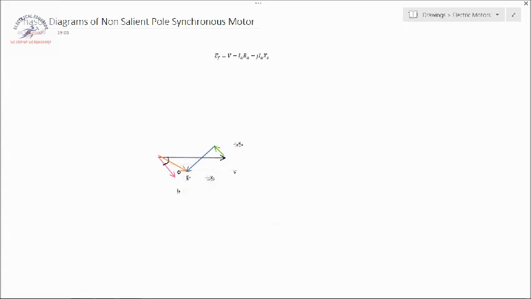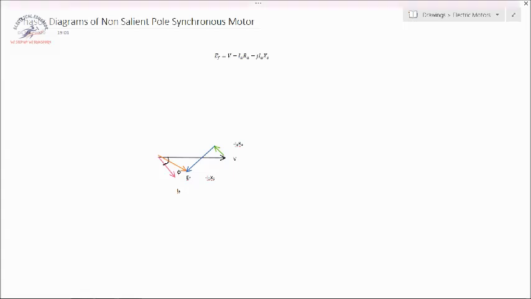It is possible to draw this phasor diagram by taking EF also as the reference, but there we don't know the relation between EF and Ia, so it will be a little difficult to draw. Now we find that EF is lagging vector V by some angle. What is that angle?